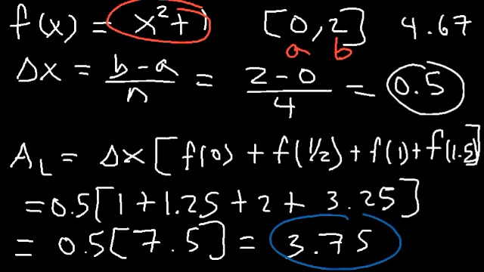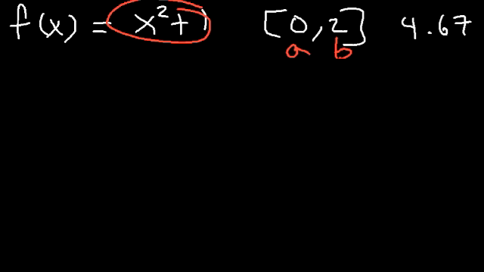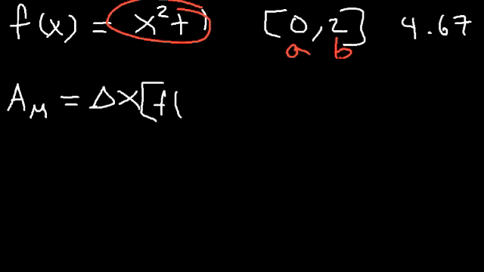So now let's try the midpoint. So we can get rid of this. So the area using the midpoint rule is going to be delta x times f of, we need to pick a number between 0 and 0.5. That's 0.25 or 1/4, plus the midpoint between 0.5 and 1.